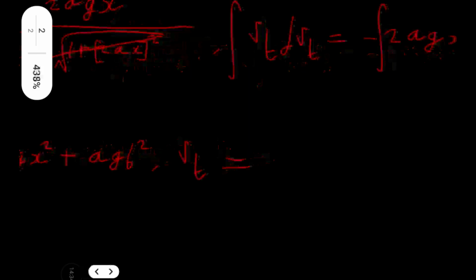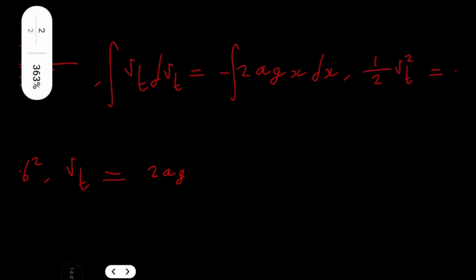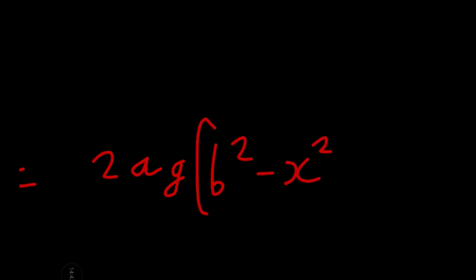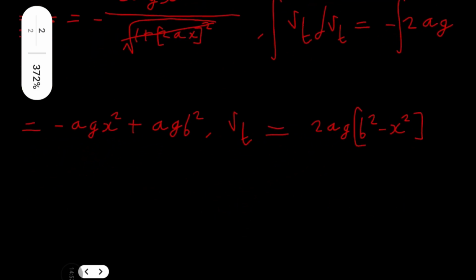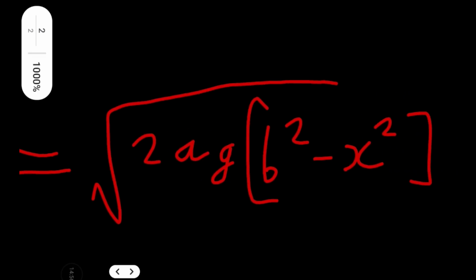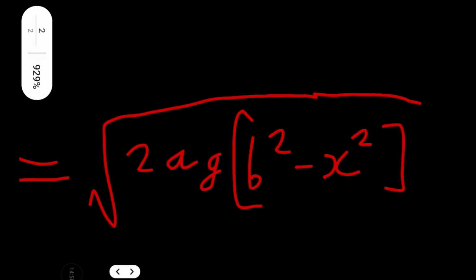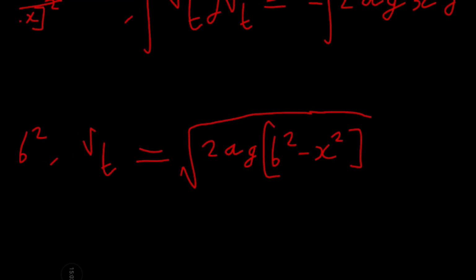It's going to equal 2ag b squared minus x squared, like this, and it's all under a square root, of course. And that's the final form you're going to get. The velocity in terms of the tangent velocity is going to be that final equation.